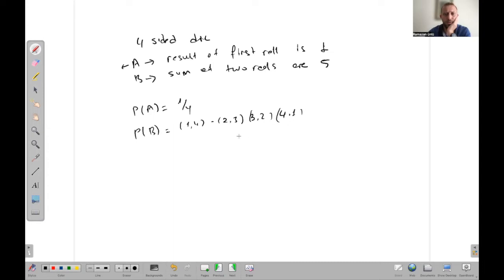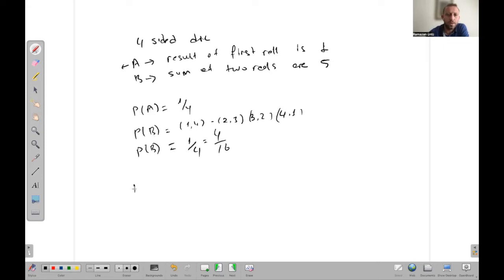So am I right? Yeah, so the probability of B will again be 1 over 4, right? It comes from 4 divided by 16. This is all the pairs, and this is the number of pairs for the event B.